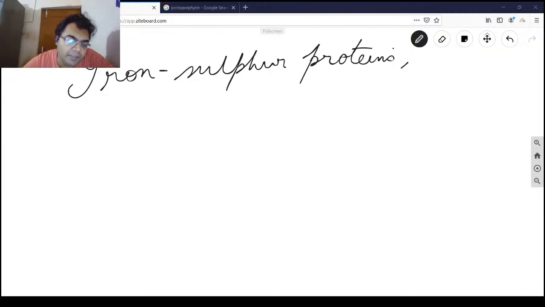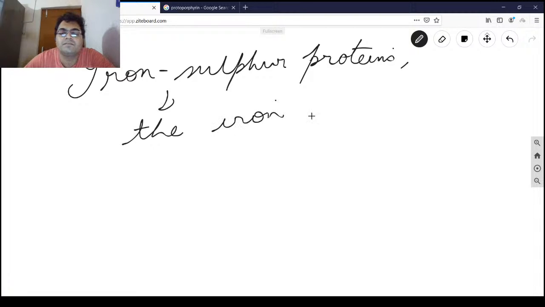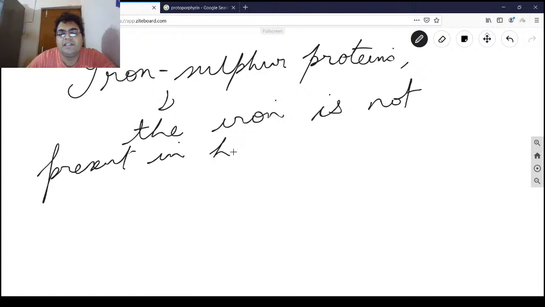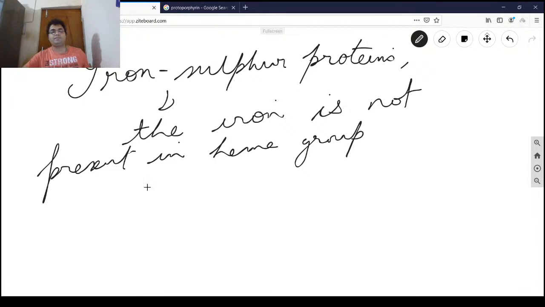The iron is not present in a heme group, but it is found to be associated with a sulfur atom, which may be an inorganic sulfur atom.